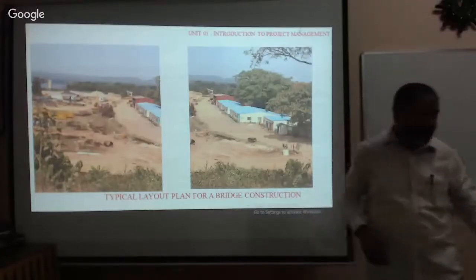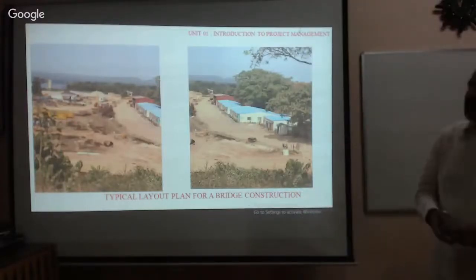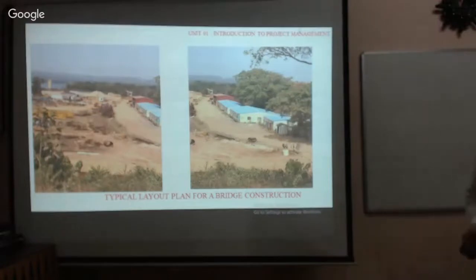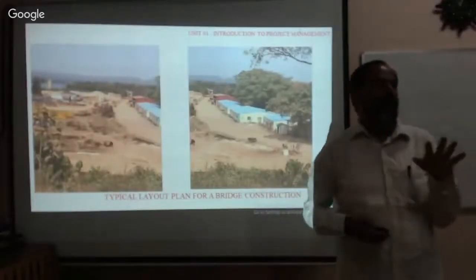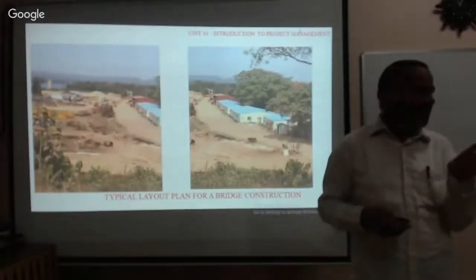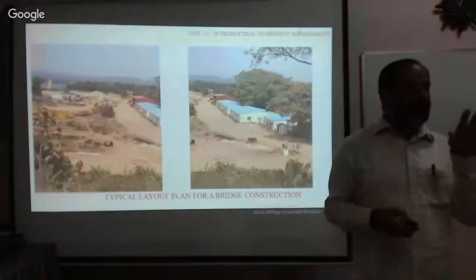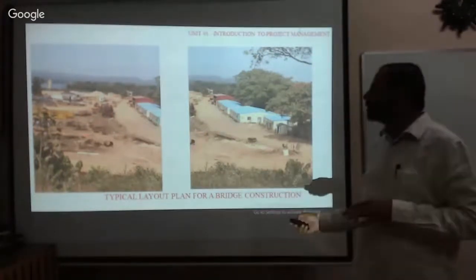Now, sometimes this will be asked in the examination. What is job layout? Write a typical job layout for the construction of a dam. For the construction of a dam also, we can have a similar kind of job layout.